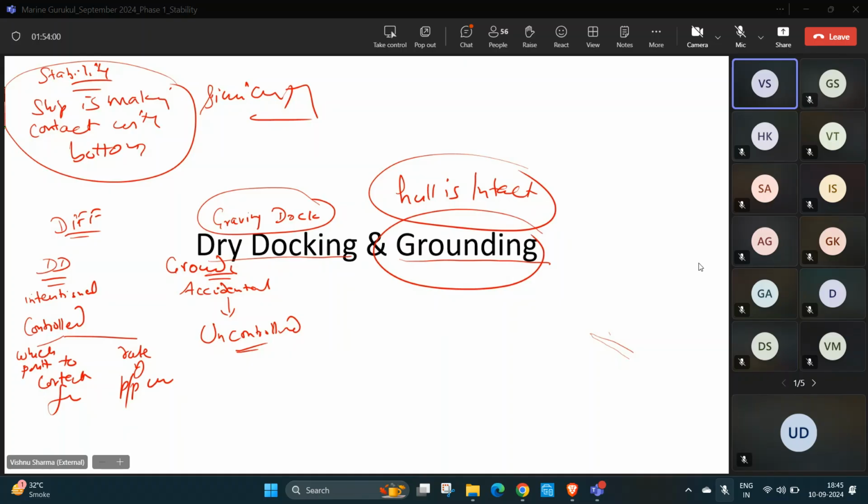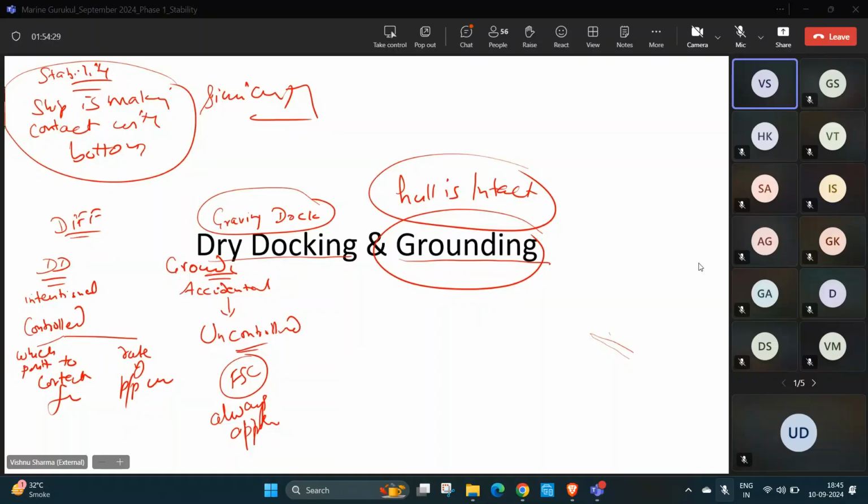Because she will be affected by wind and by wave action. So she is exposed to external conditions. So in grounding, FSC will always be applicable. Even if the ship is sitting completely on the seabed, FSC shall still be applicable. Why? Because the vessel will not be in your control. It will be exposed to waves.